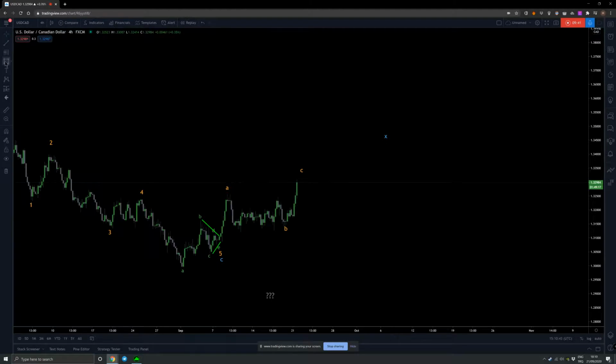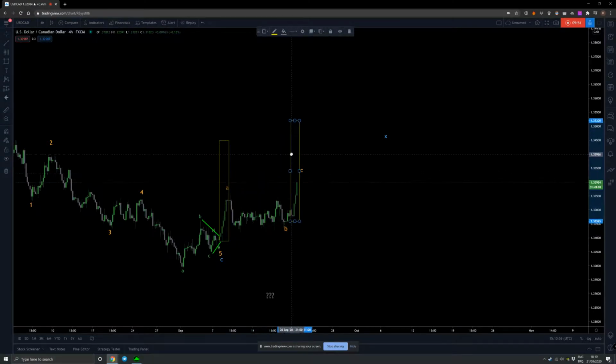Look at this move. So you would say this is the length of wave A, or something like this, the time taken for it. True? Now what I would do is I would just copy it and put it here or here.